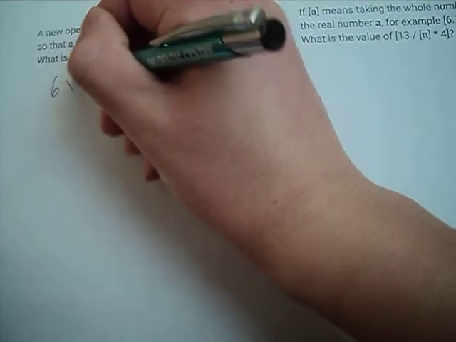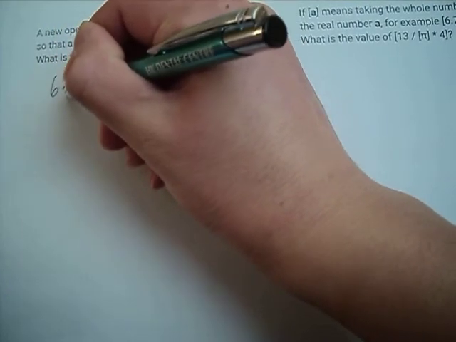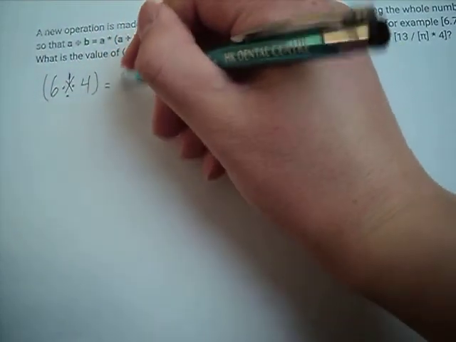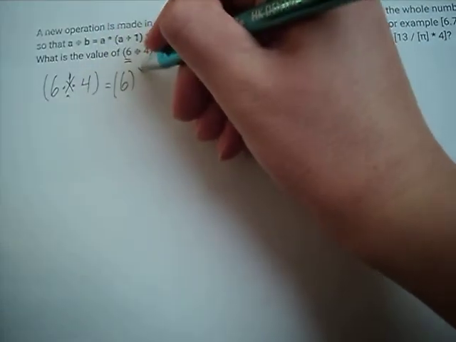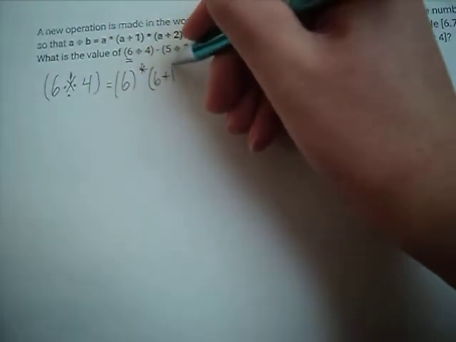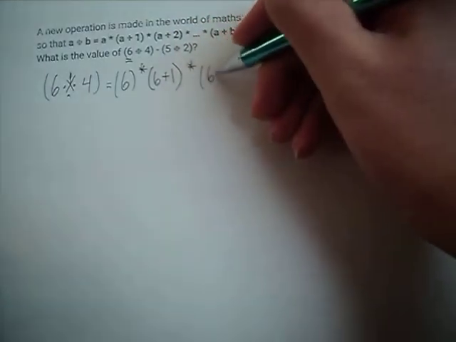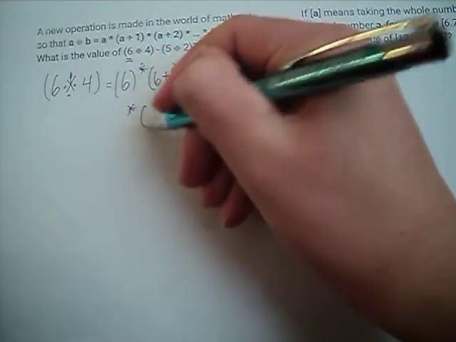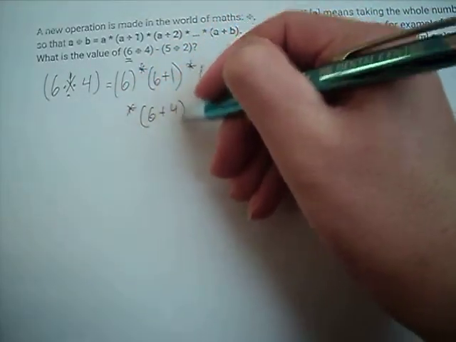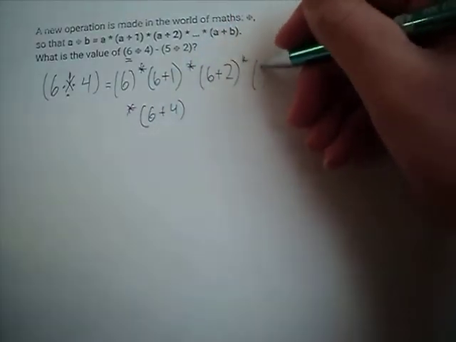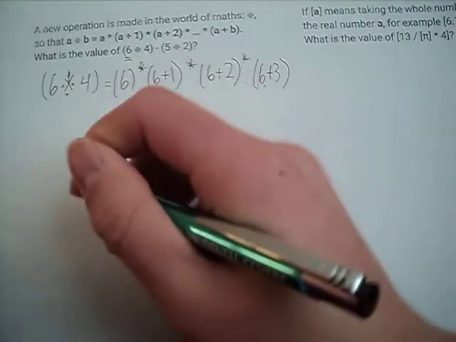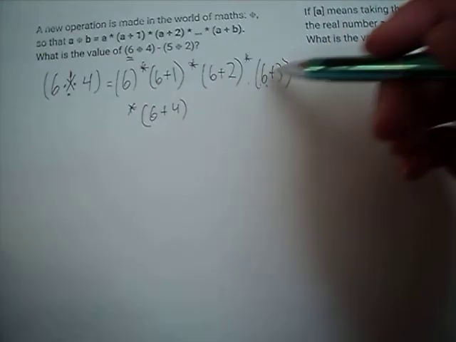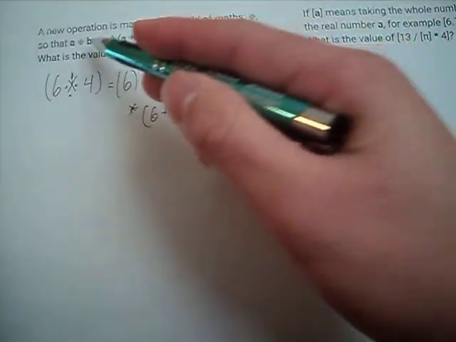So 6 x4 dots 4 is equal to 6, which is a, times 6 plus 1 times 6 plus 2 all the way until times 6 plus 4, which means that there's still 6 plus 3, and that's it. So you keep on multiplying a plus 1, 2, 3 until you get to this number b.